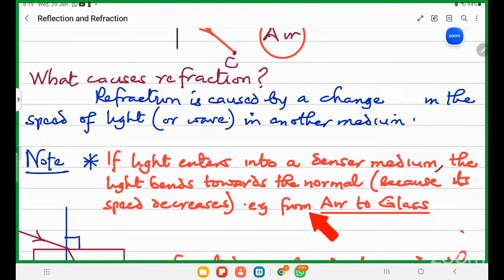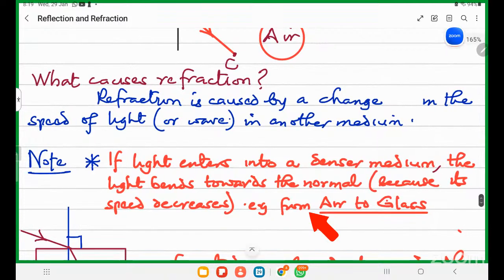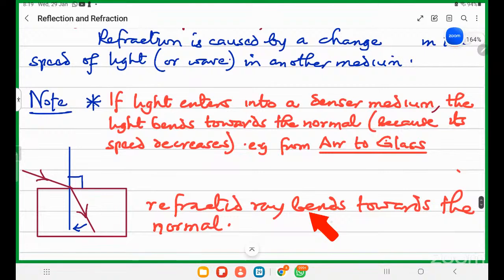So now when ray of light moves from air and then to glass, okay, what's going to happen? The ray of light or the wave generally will bend toward the normal, okay? So this is the incident ray. And I explained this is the normal. Now, this is the ray that is being refracted. This is the refracted ray. It bends toward this normal, okay?